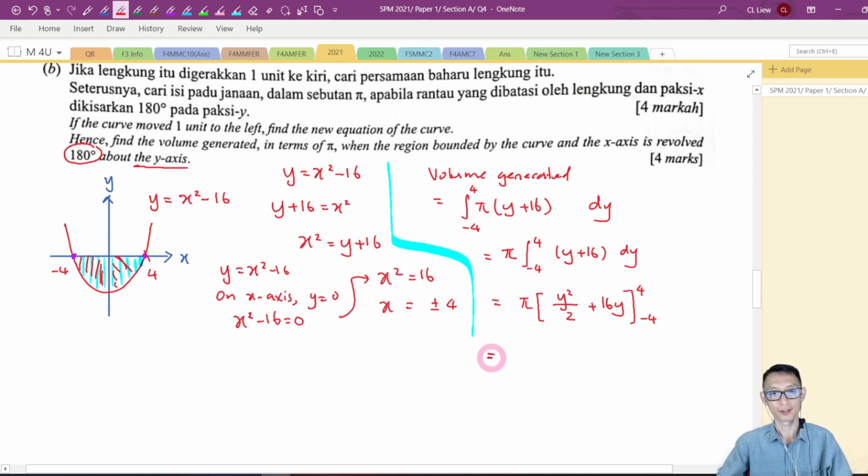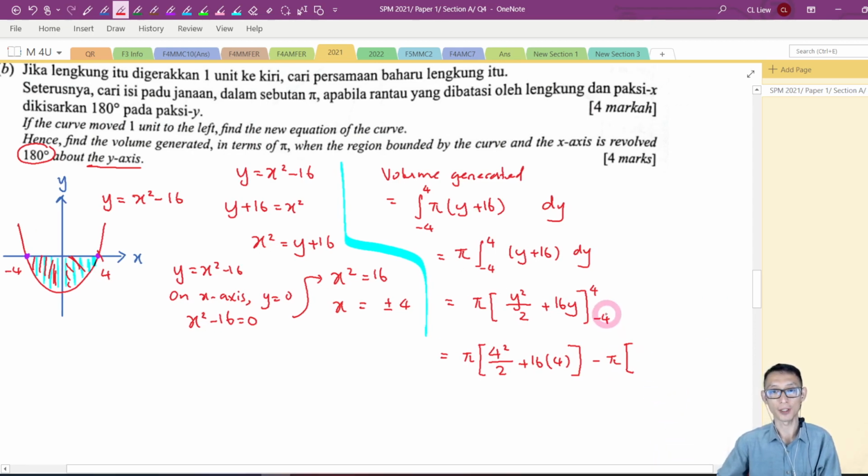Okay. So first we have to substitute the upper limit, which is 4 squared over 2 plus 16 times 4. And then don't forget to copy the pi again for the second time here. And then we are going to substitute the lower limit. Don't forget to put the parentheses.